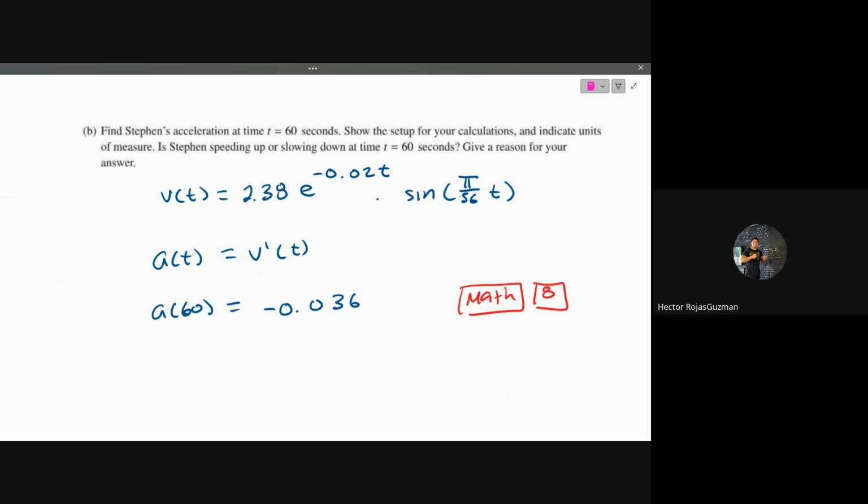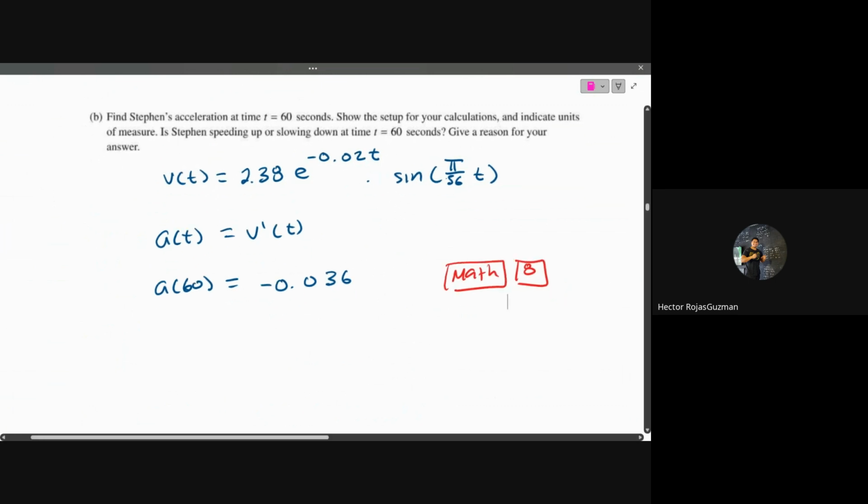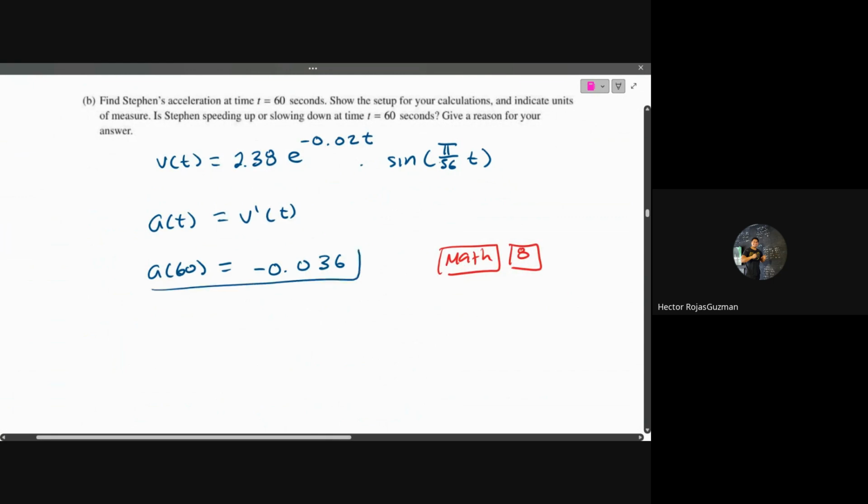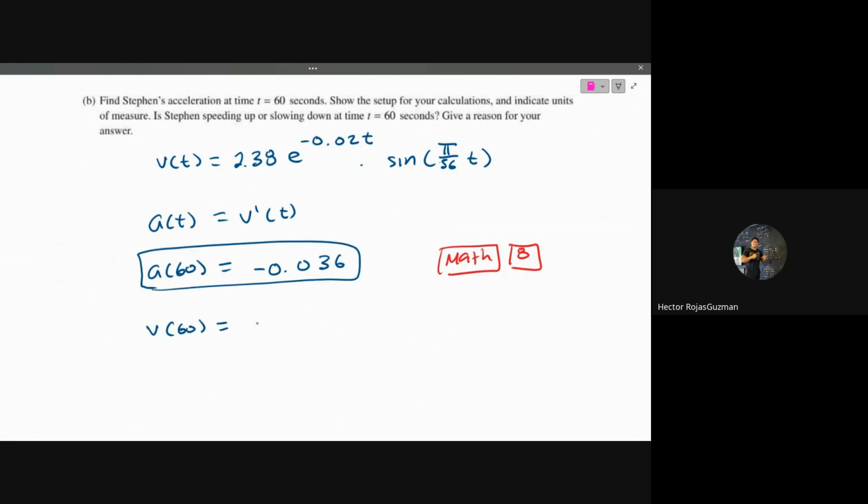All right, so use it. It's a calculator question. Okay. Now the second part of the question, is Steven speeding up or slowing down? Well, for this, we're going to have to calculate velocity. At 60 seconds, the velocity of Steven is negative 0.16, which can be done by plugging in 60 into your function. Make sure it's in radians.